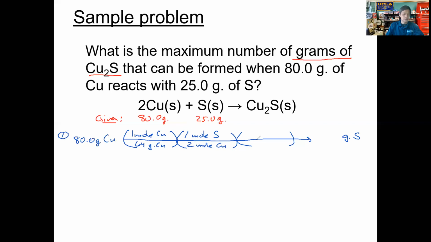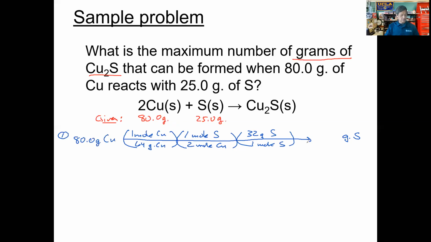And then finally the molar mass of sulfur: 32 grams of sulfur per 1 mole of sulfur.